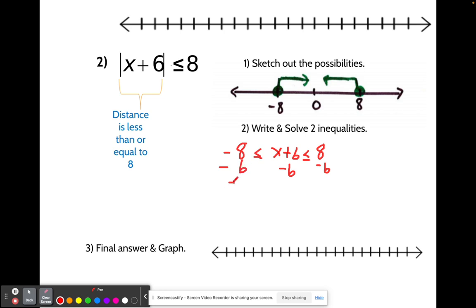And I get negative 14 less than or equal to x, less than or equal to positive 2. So at negative 14, I would have a closed circle.